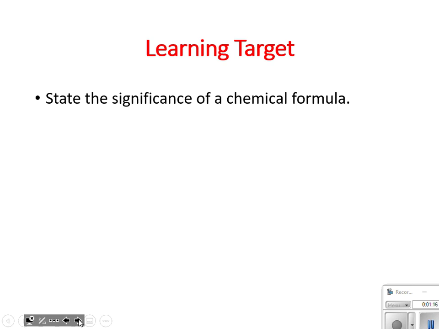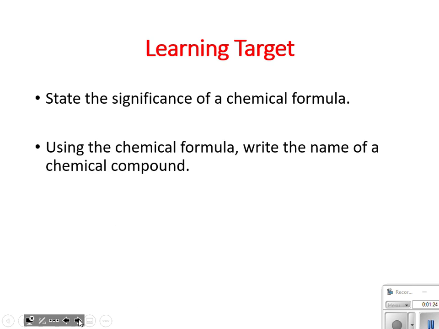So we need to be able to have that name of the formula and write that chemical formula. And also, going the other way, the yin to the yang, using the chemical formula to write the name of a chemical compound. So our learning targets are being able to name compounds and to write formulas given the name.